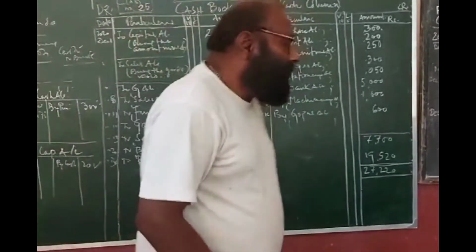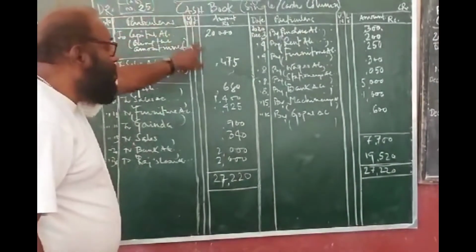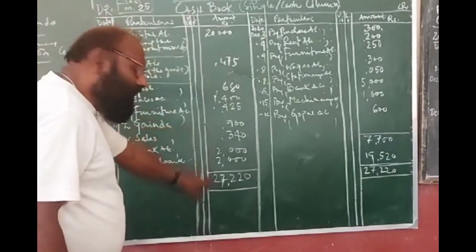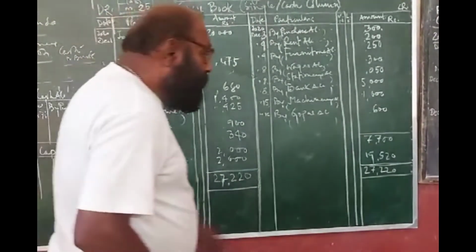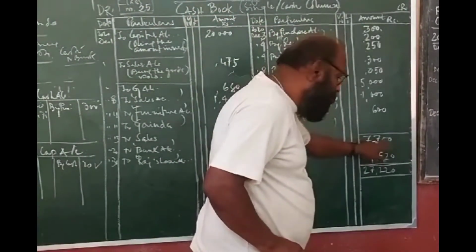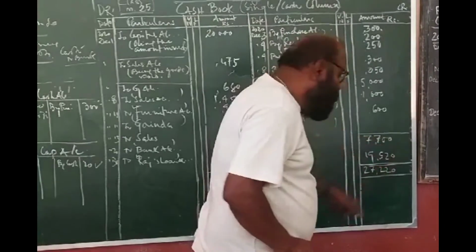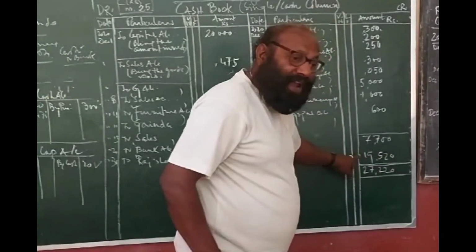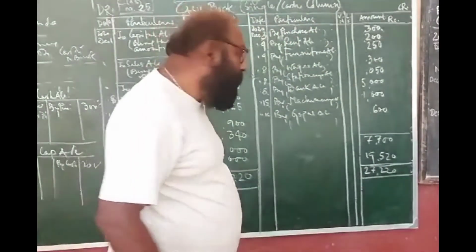So the total inflow of cash in your hand is 27,220, and the total outflow during the month is 7,700. So the difference is the amount in your hand, known as cash in hand or the closing balance of cash.